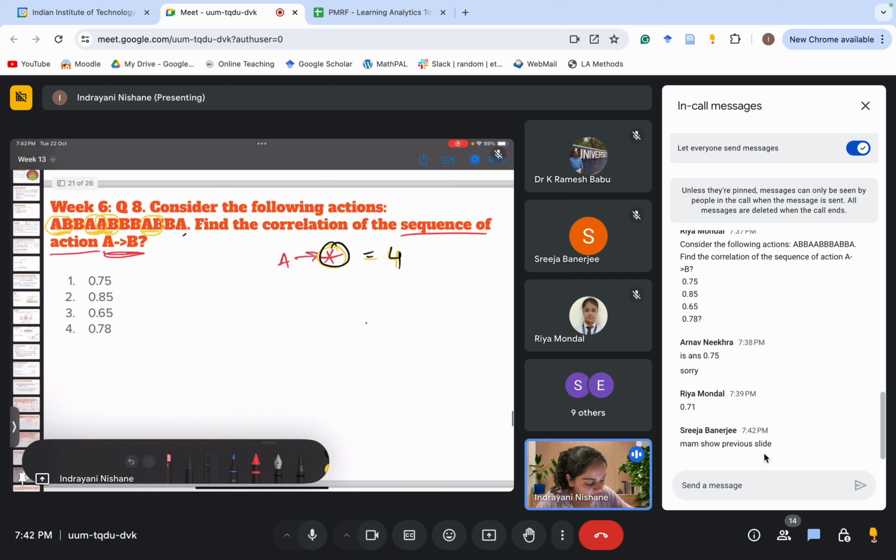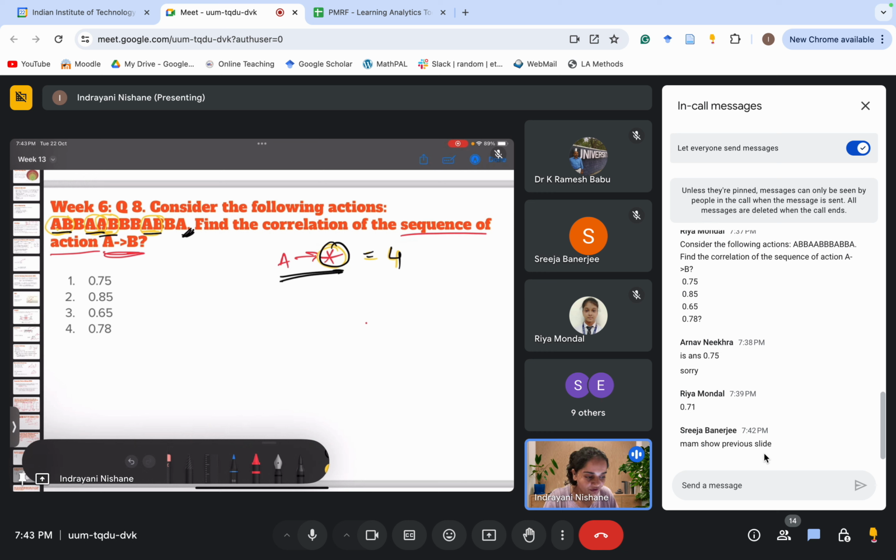We are not counting this last one because it is not transitioning to a next action. It is ending here. So we are not counting this A as a transition. For A to any transition, we are considering A to B, A to A, A to B and A to B.